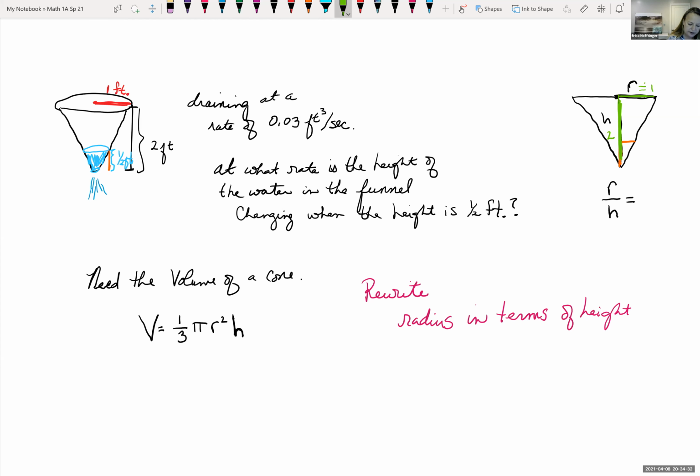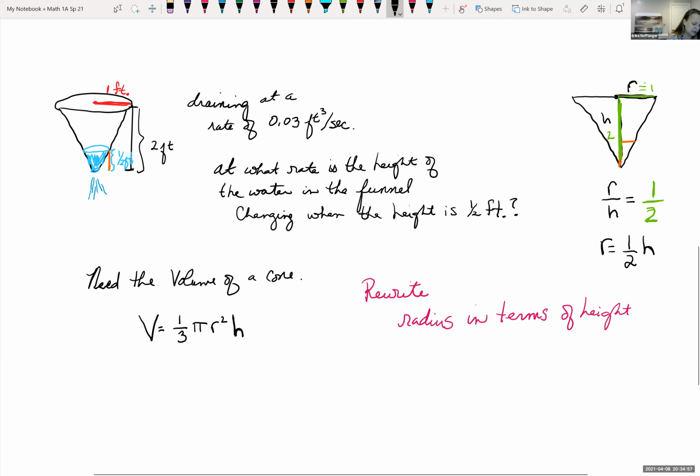So our R value is 1, our height is 2. And I want to solve for R in terms of H. So if I multiply both sides by H, I get R is equal to 1/2 times H.